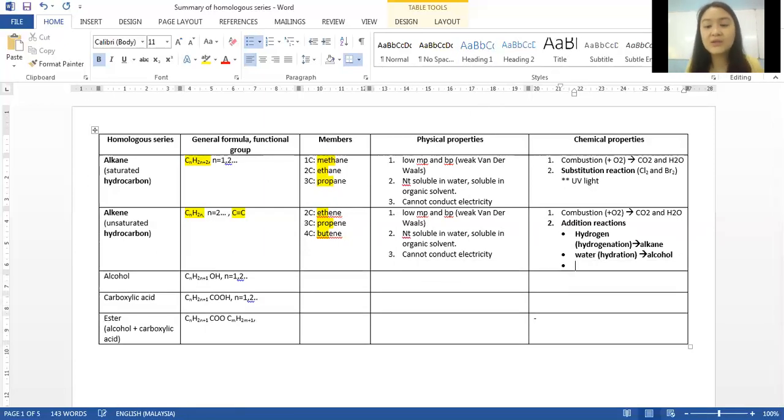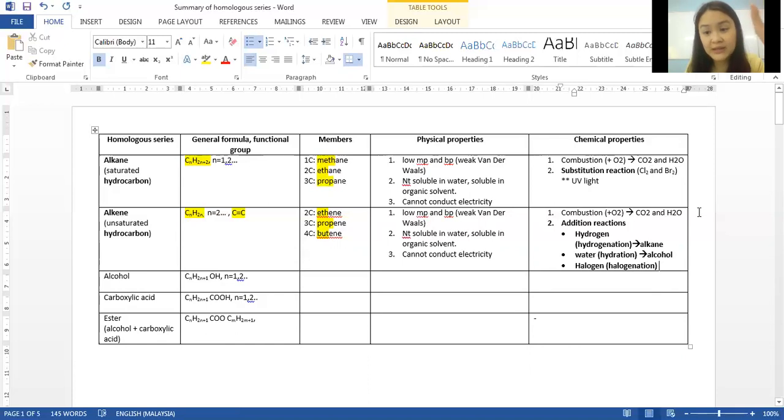All right, so what else can be added? Besides hydrogen and water, we can also add halogen, and the process is called halogenation. This halogenation process is different from the substitution of alkane with chlorine and bromine.